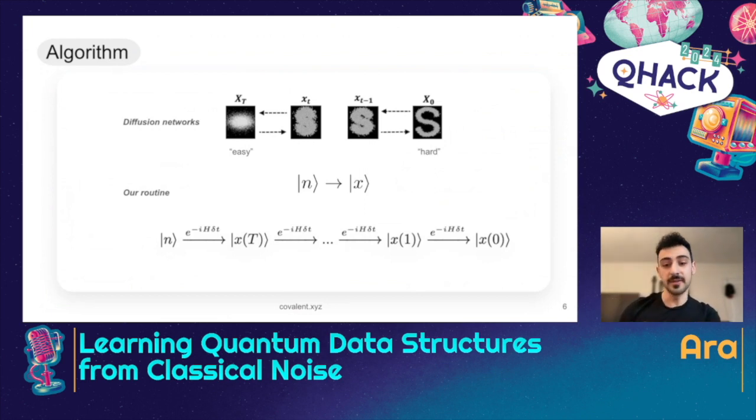So if we want to look at this a little bit more technically, we can think of having a state that's representative of the noise data embedded in Hilbert space, and we are learning a transformation that can take that state into a state that's representative of the difficult data, also in Hilbert space.